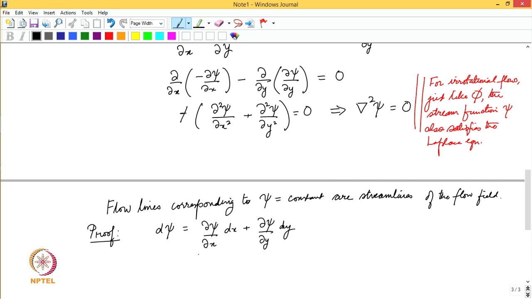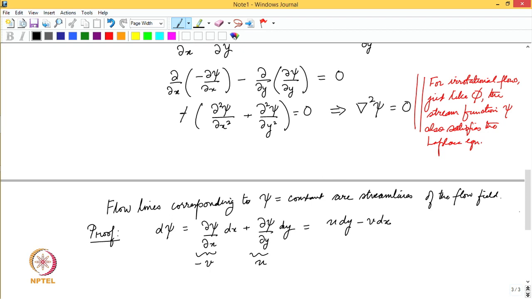Now, note that d psi dx is minus v and d psi dy is u. So, we can write this as u dy minus v dx.